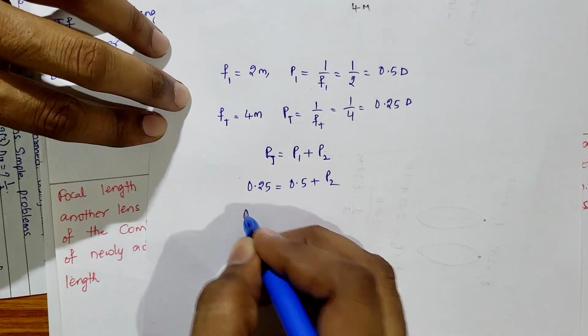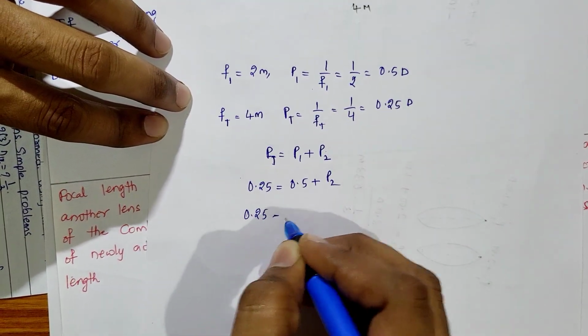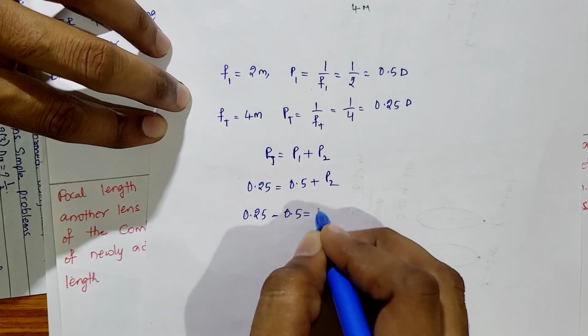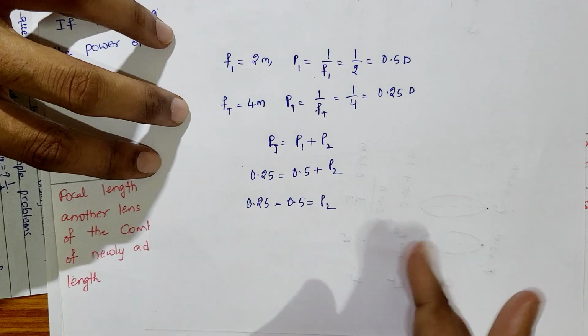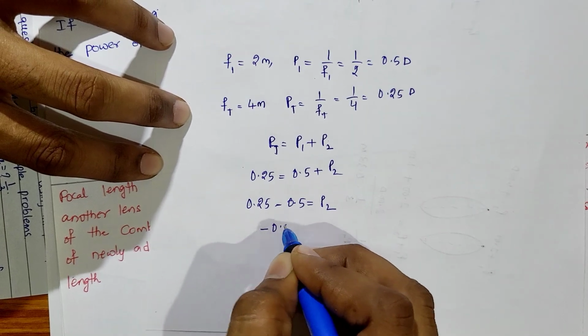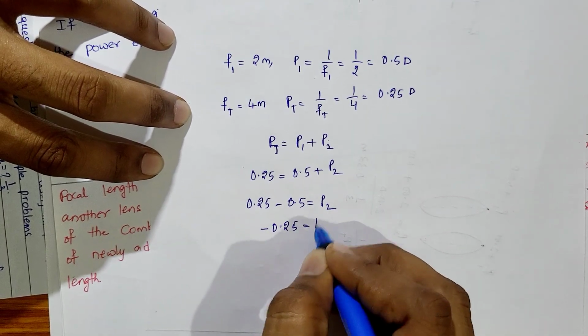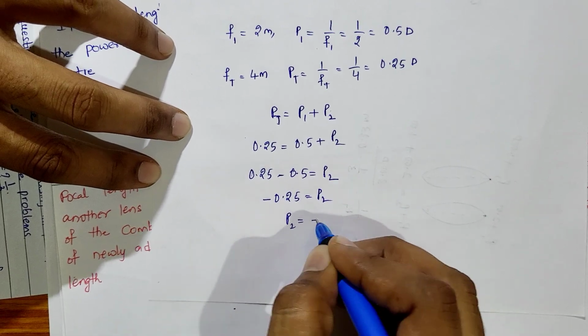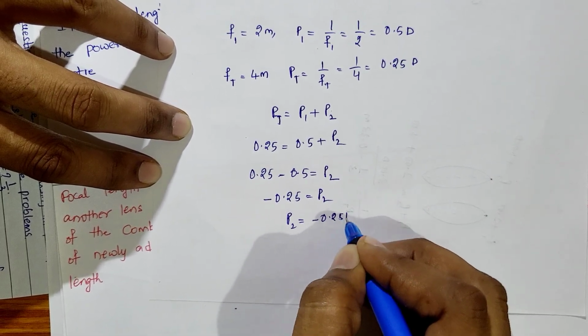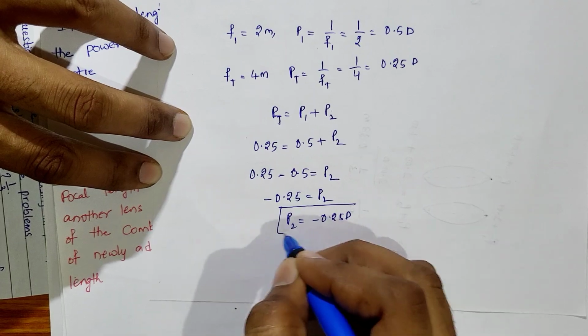It becomes 0.25 minus 0.5 is equal to P2. 0.25 minus 0.5 will be minus 0.25, equal to P2. So we got the power of the second lens, P2, as minus 0.25 diopter.